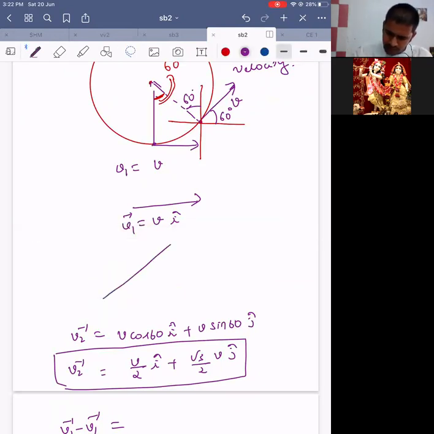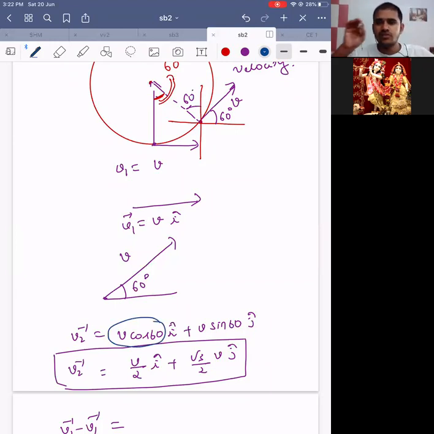This is the velocity V, and here it is making 60 degrees with the x-axis, right? If it is making 60 degrees, resolve into components. Then V cos 60 is the x component, V sin 60 will be the y component. That's what we wrote.